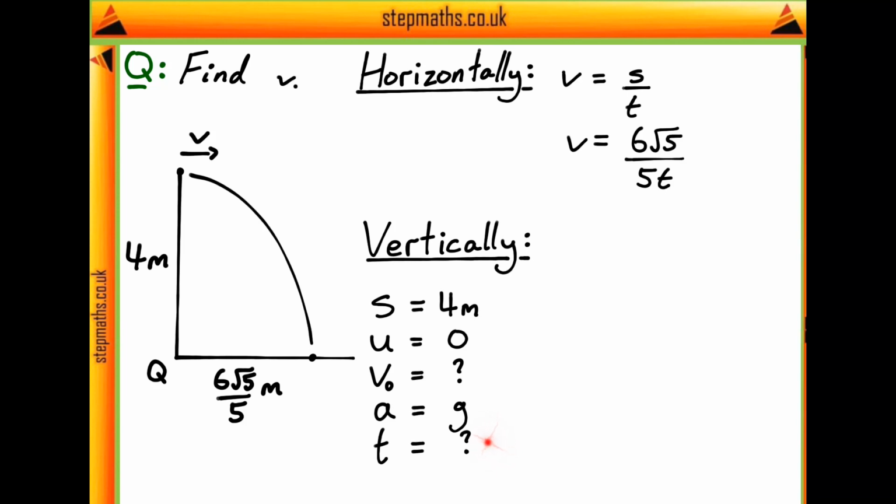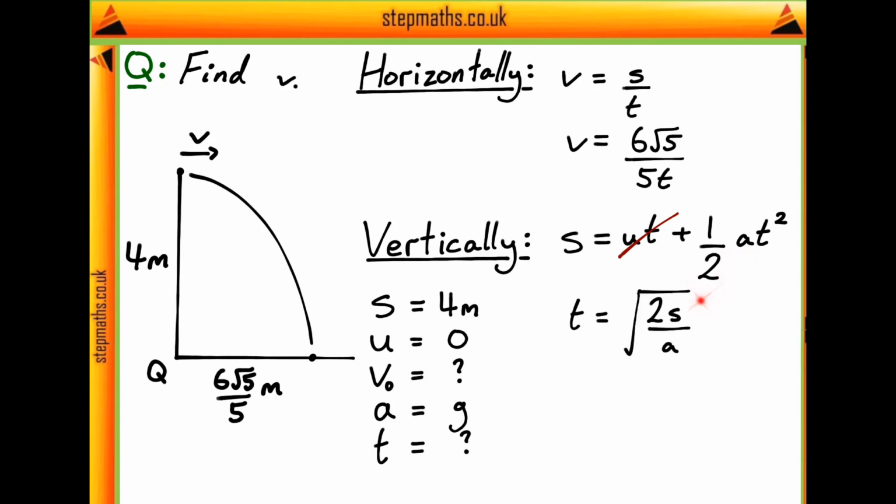So can you work out which equation we're going to use here? Well, the right one is going to be this, that s equals ut plus a half at squared. Now, thankfully here, u is just going to be 0, so this first term is just going to be 0. And then we can rearrange the expression for t to get this, that t is equal to the square root of 2s, all divided by the acceleration a.